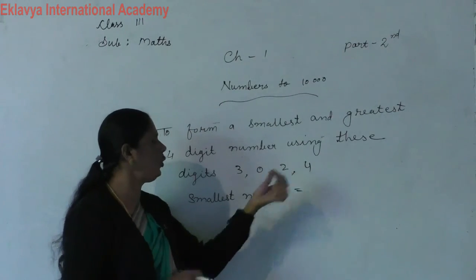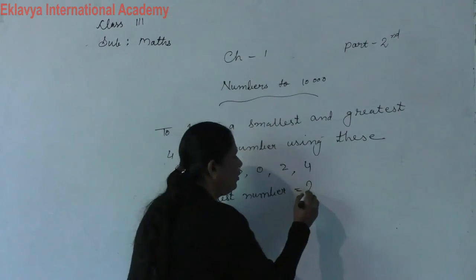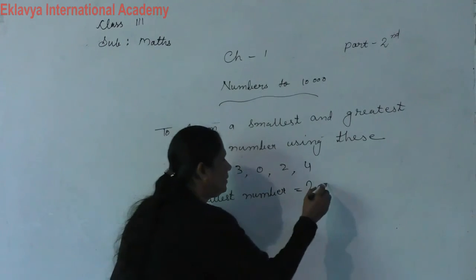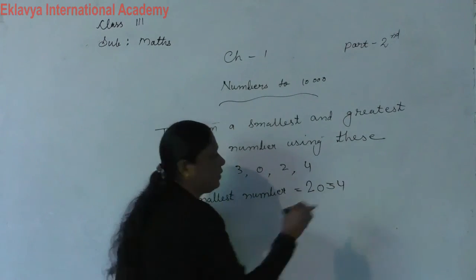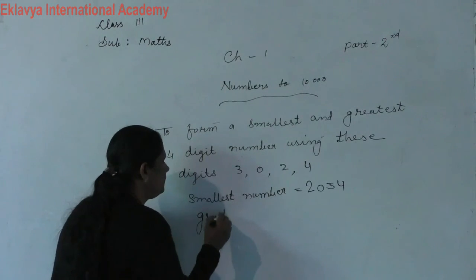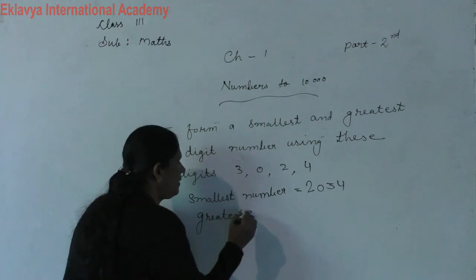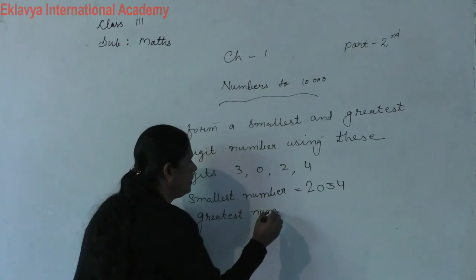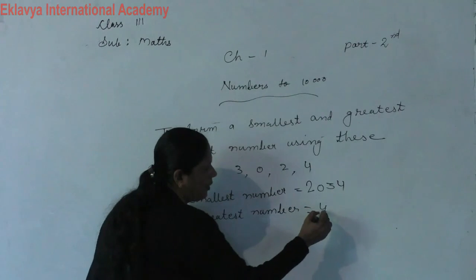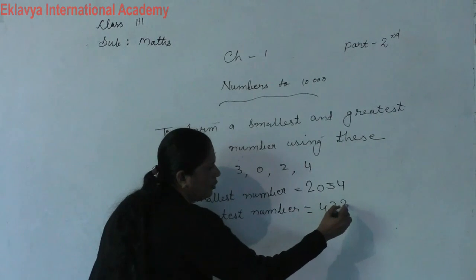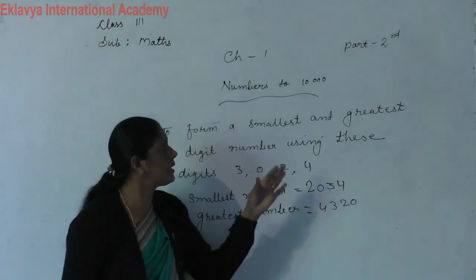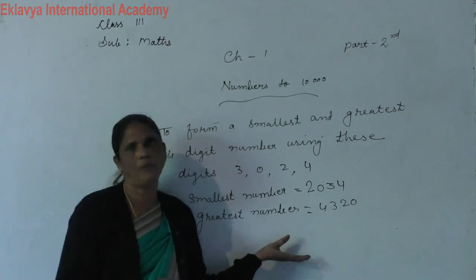We take 2 first, then you write 0, then 3, then 4. Then the greatest number is equal to: first you take 4, then 3, then 2, then 0. Understand? This is the second part of chapter 1. Thank you.